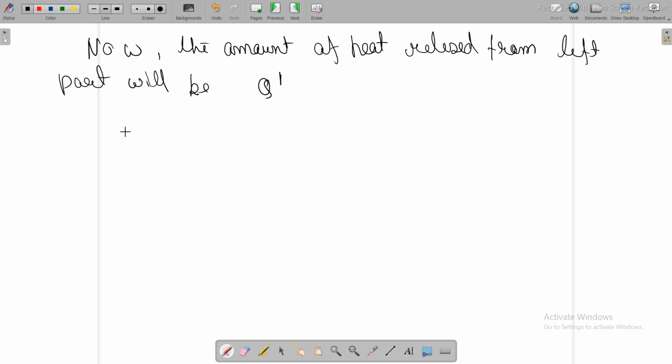Therefore, in order to find Q dash, we apply the first law of thermodynamics.